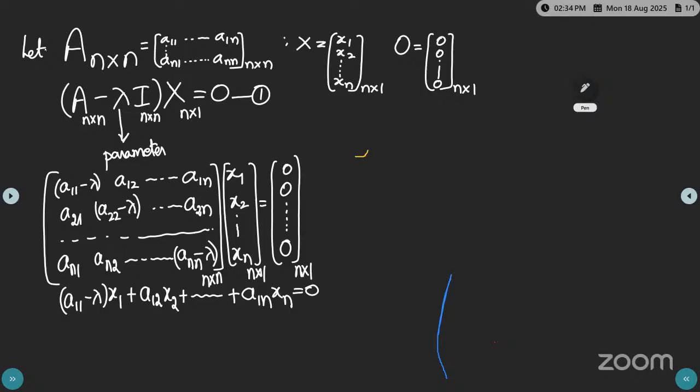Let capital A equal a11, and so on, a1n, be a square matrix of order n by n, and capital X equals x1, x2, and so on, xn, of order n by 1.